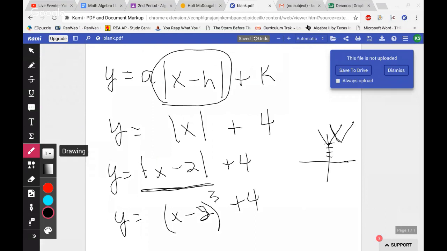Because I think, what have we learned? We've learned linear, absolute value, square root, quadratic, and cubic. I think those were the only ones that we learned, right? So far?